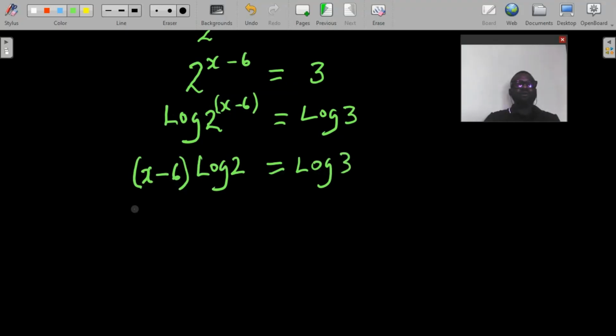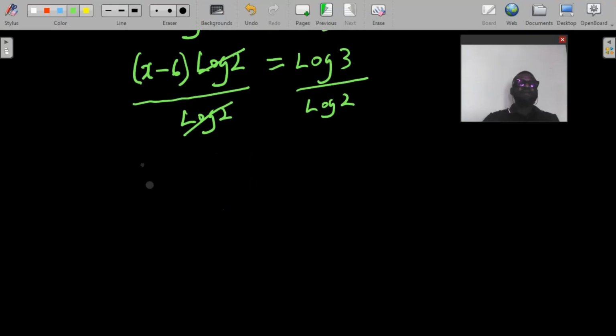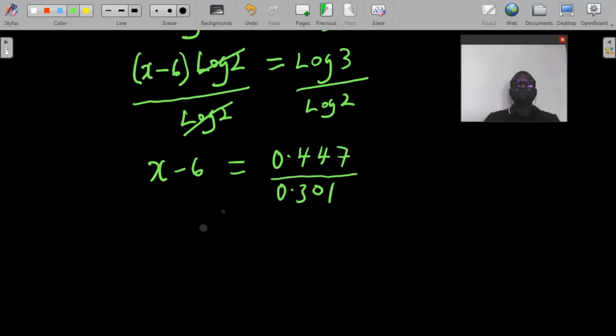Now at this stage I will divide both sides by log 2. So log 2 we cancel log 2. I will have here x minus 6 is equal to log 3 is 0.447 approximately, and log 2 is 0.301 approximately.